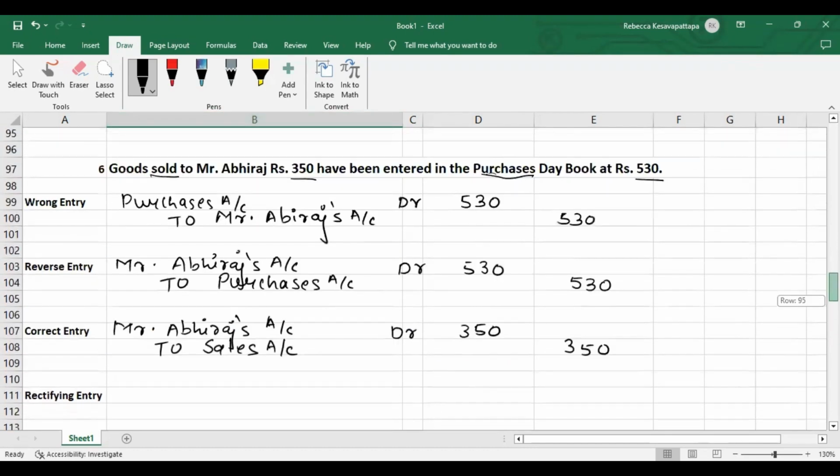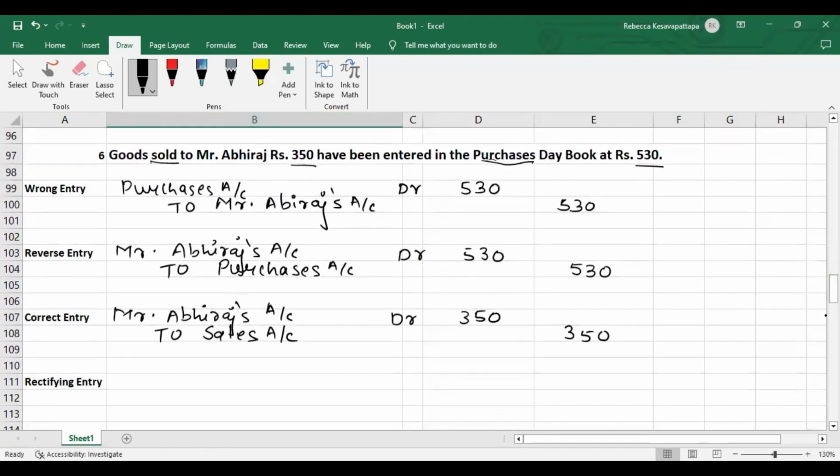Now this is something interesting. Mr. Abhiraj is in debit in both, so we cannot cut it. So we have to write Mr. Abhiraj's account debit. Always debit should tally with the credit. So Mr. Abhiraj's account debit 530 and 350 is 880.